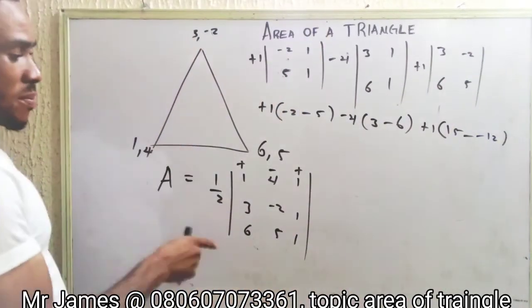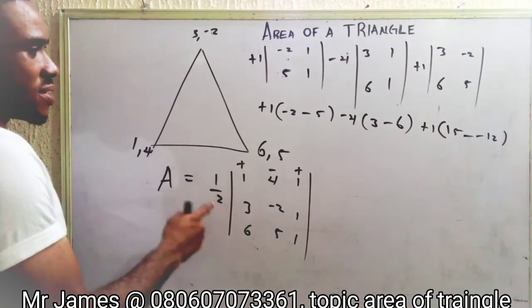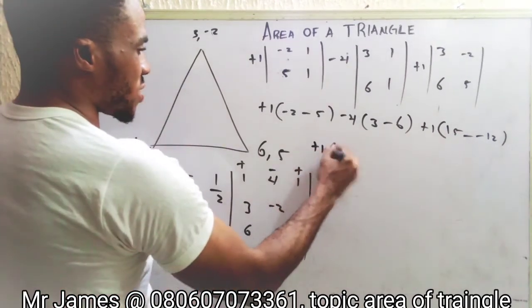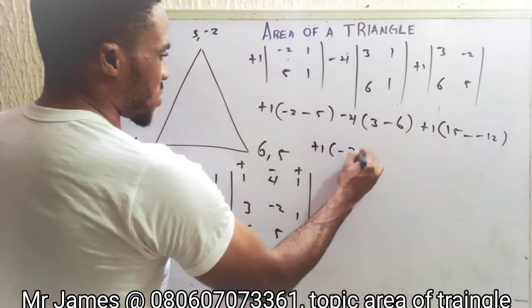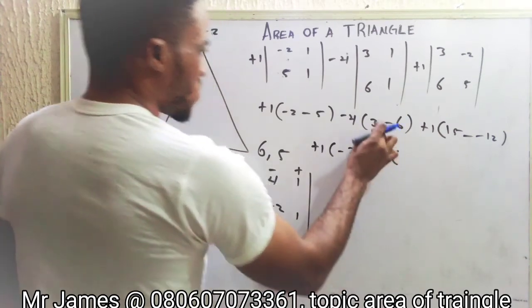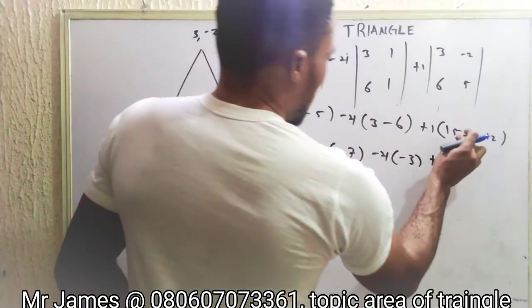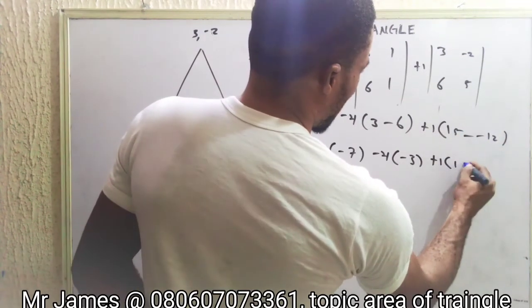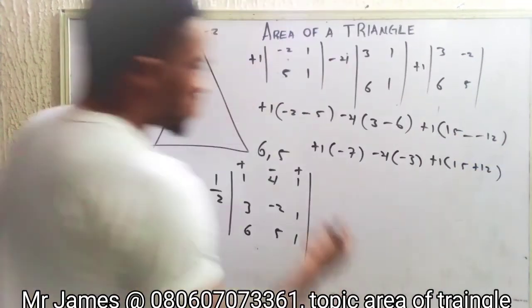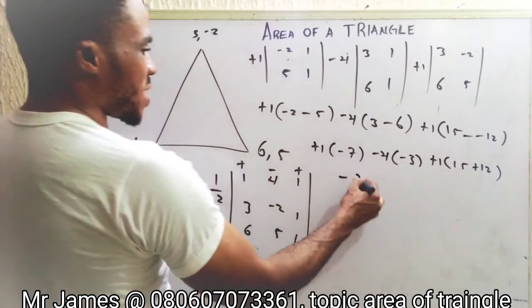Remember I have not touched this 1 over 2, it's still there waiting for me. So I have plus 1 in question. Minus 2 minus 5 is minus 7. Minus 4 times minus 3. So I have plus 1. 15 minus minus 12 is like saying 15 plus 12. So this times this I have minus 7.